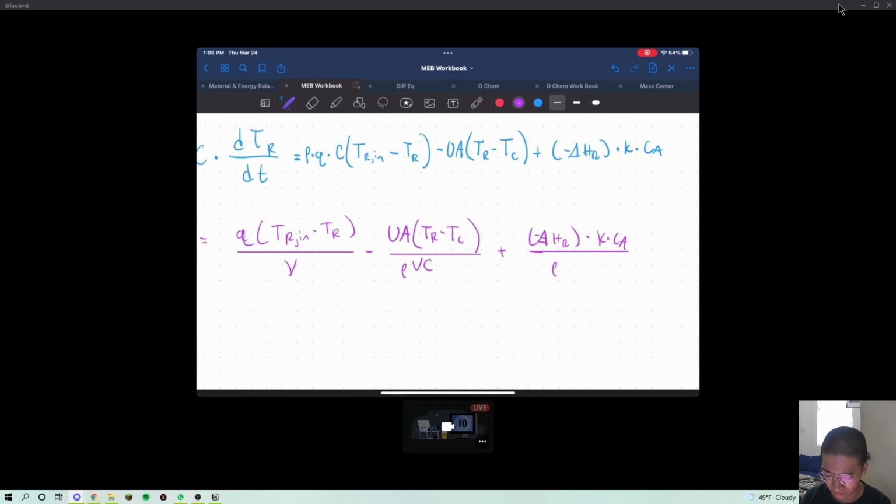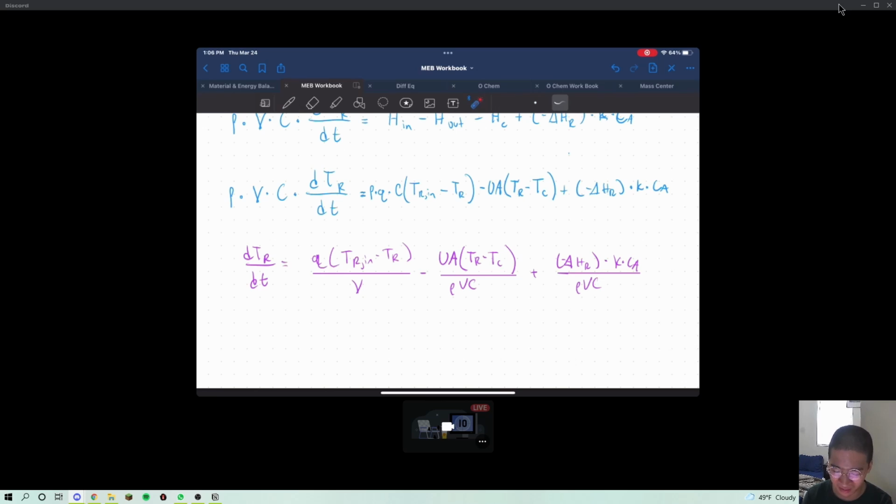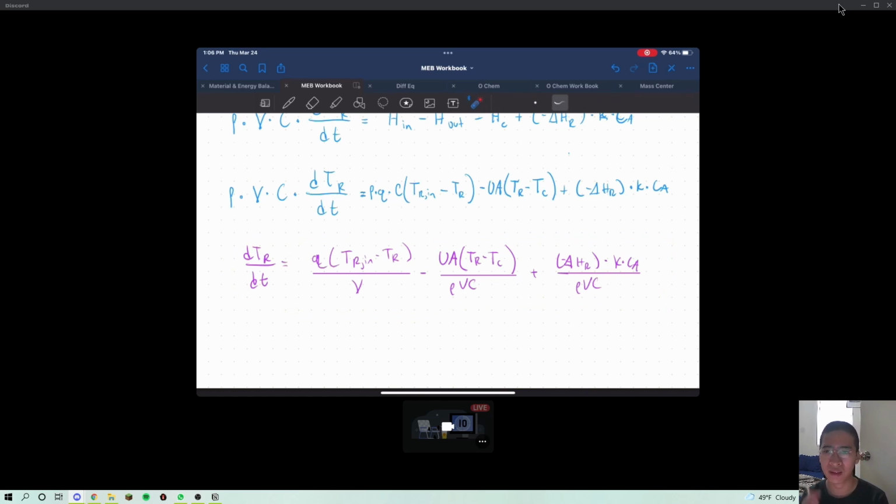All over rho V C. Okay? Now, I'm looking at this and I know it's wrong, because if memory serves, something should cancel out. So, there will be an addendum. I can tell that in editing there will be an addendum to this. This is wrong, but there's something supposed to be here or here, and I can't quite deduce what. So we'll be right back.